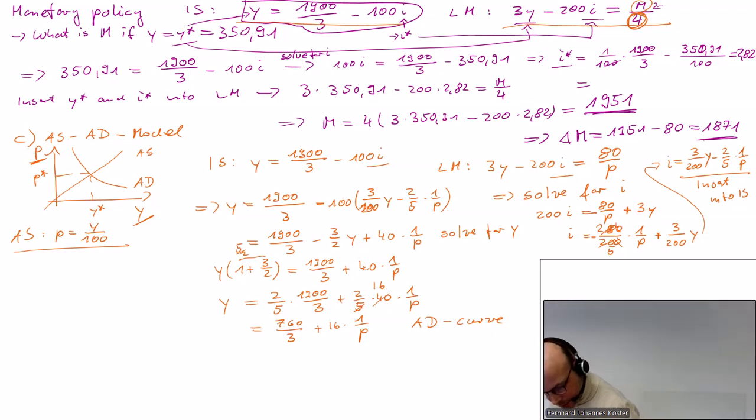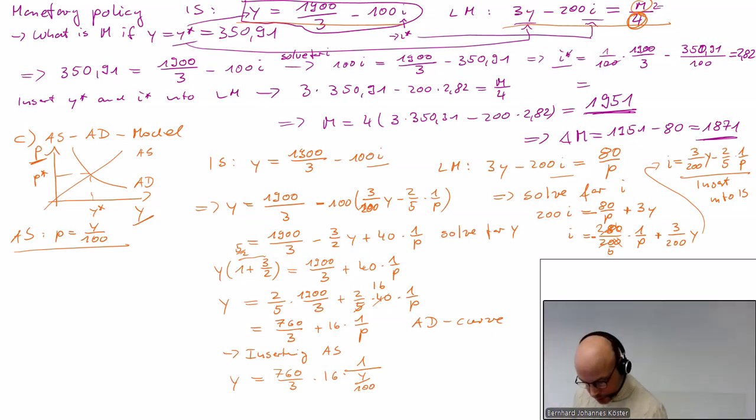So inserting AS, which is Y equals 760 over 3 times 16 times 1 over Y over 100. Oops, and this is a plus here.